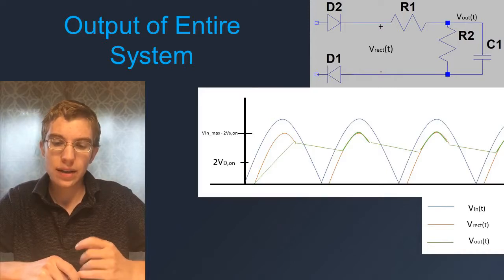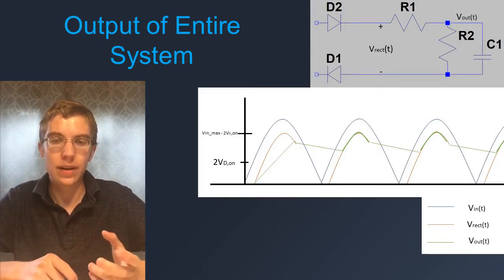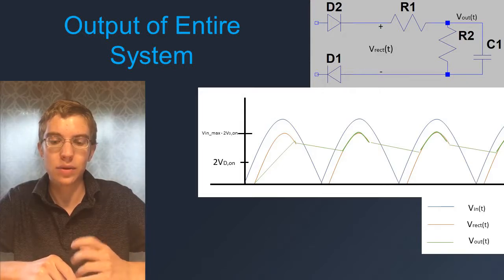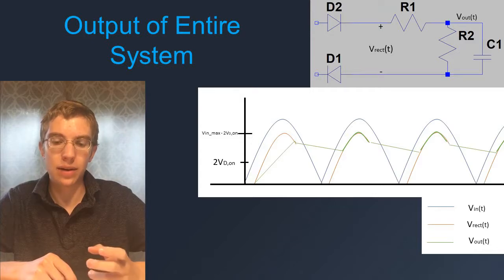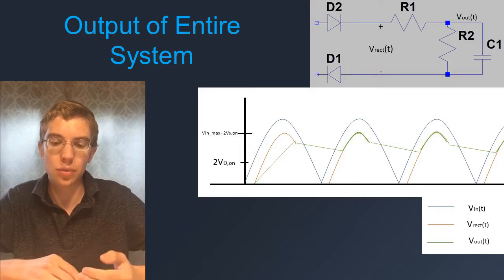So for the system output, we're going to see that the voltage of the rectifier is going to be the voltage in minus twice VD on again, and the voltage out of the total output is going to be the voltage of the rectifier minus the voltage across resistor 1.